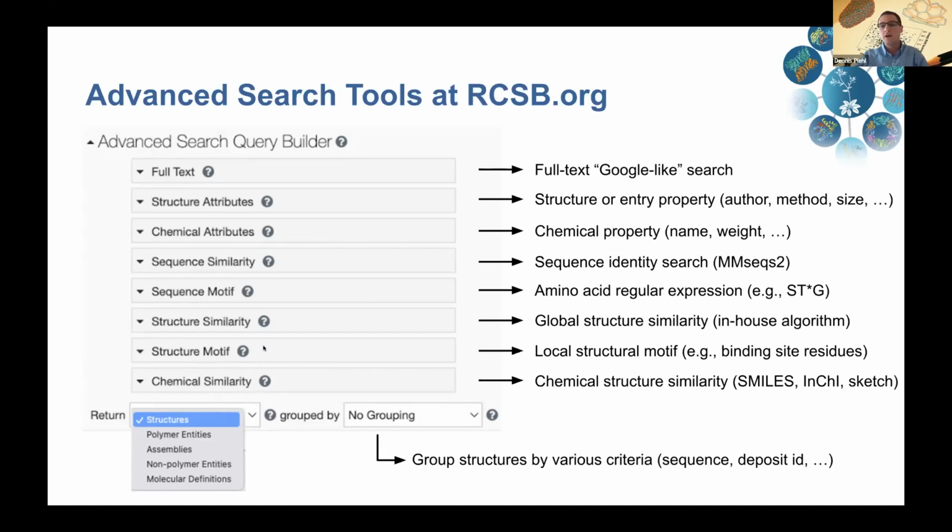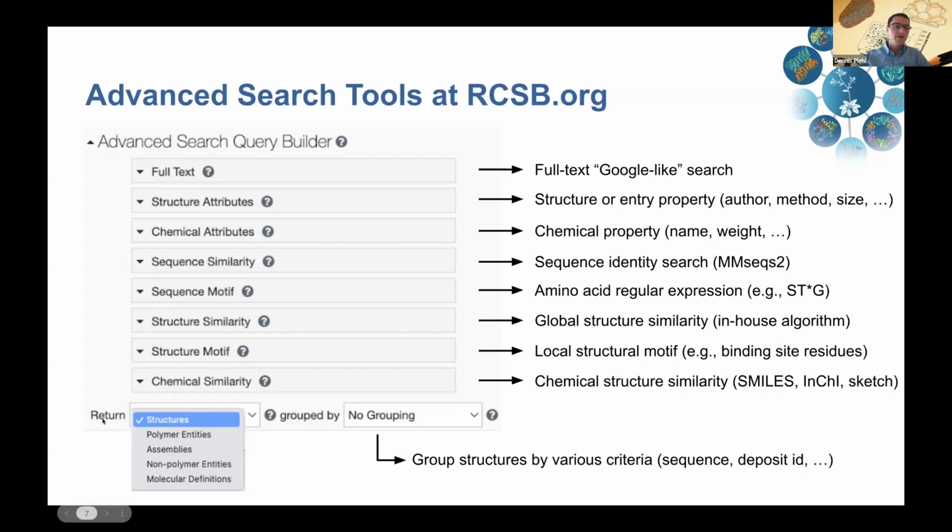So if you're looking for a certain binding site, like the residues that comprise a particular binding site, you can search for that using the structure motif search. The chemical similarity search lets you look for structures that contain chemicals that are of similar structure to the input SMILES or InChI strings, and you can even sketch your structure directly using the draw tool.